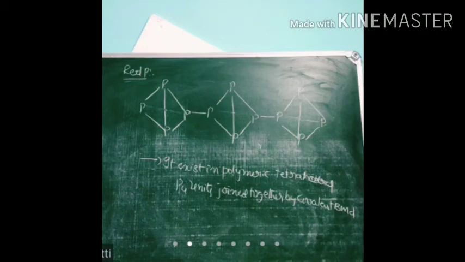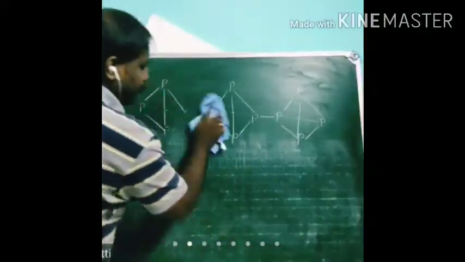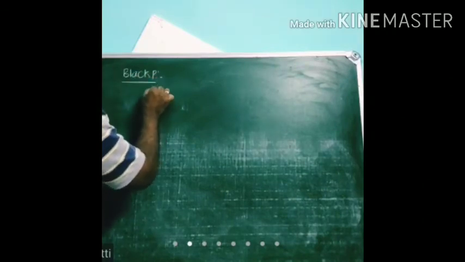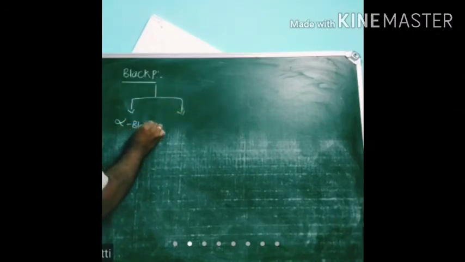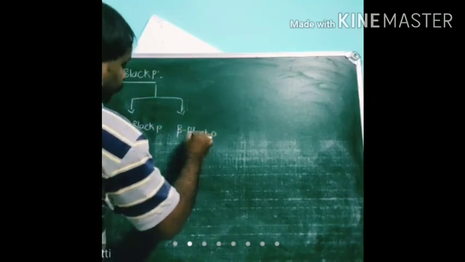Next one, black phosphorus. It exists in two forms: alpha black phosphorus and beta black phosphorus.